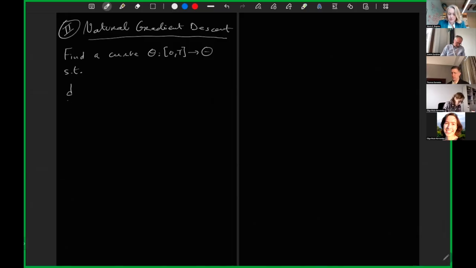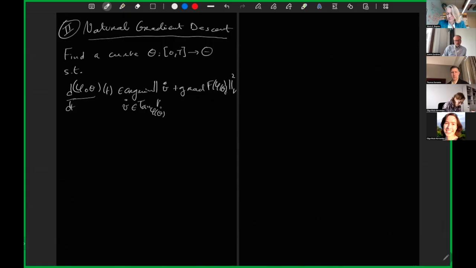And so this is going to be expressed as follows. We want that the velocity of our neural network is in, let me write this and I will comment on this, v dot plus grad of f of phi of theta t. And this v dot is going to be in the tangent space of phi of theta t of Vn.